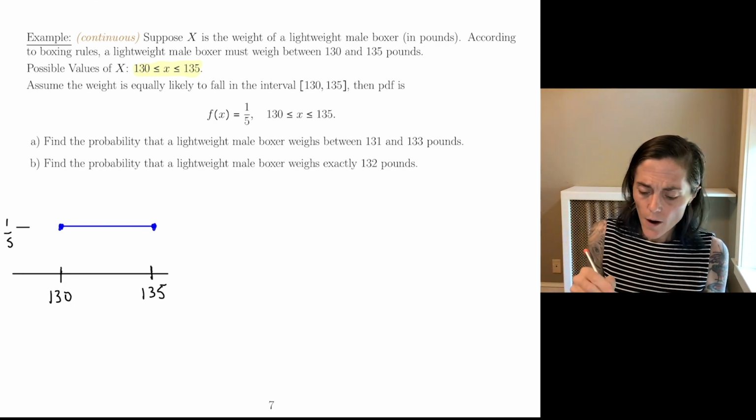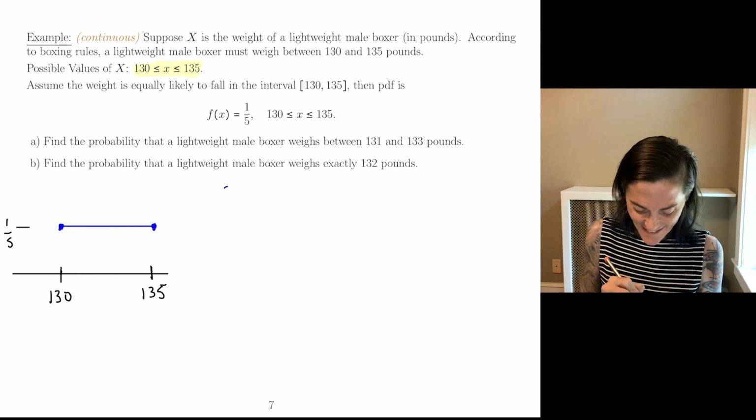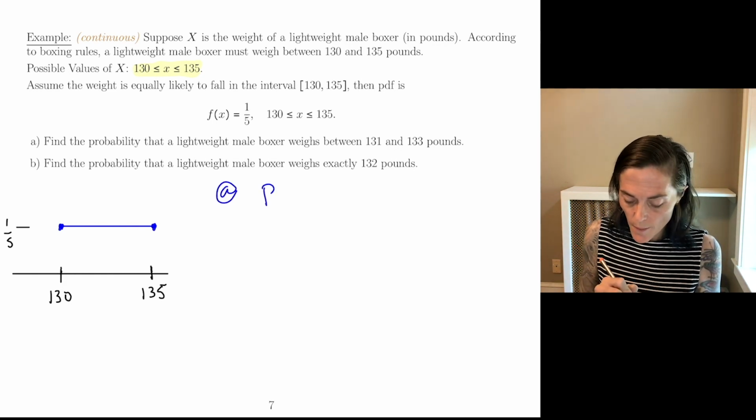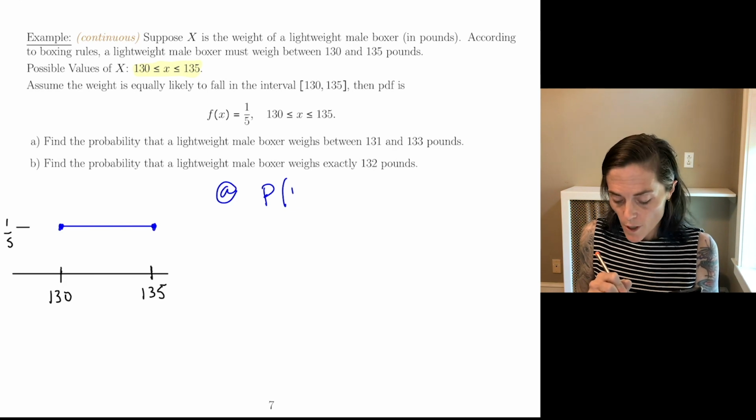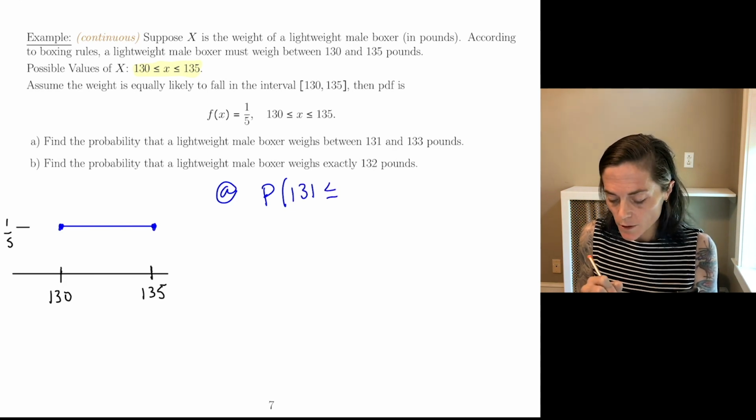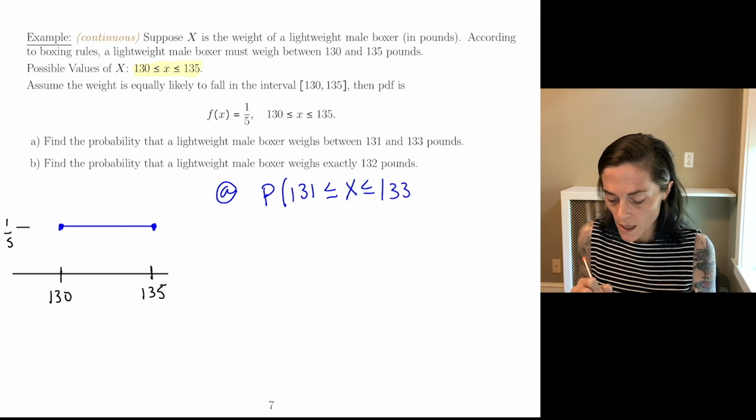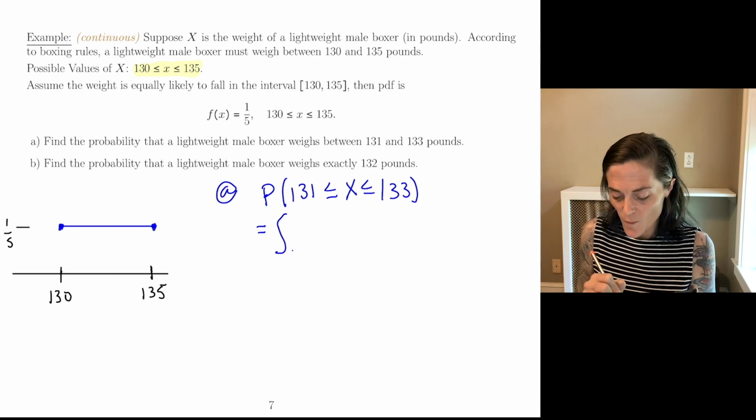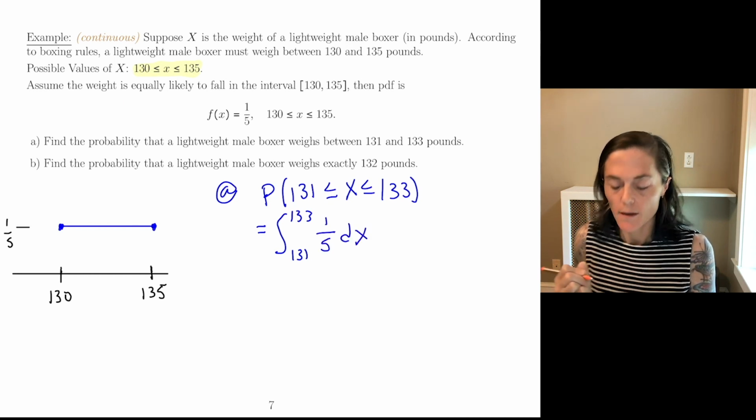So for part a, what we want is the probability that 131 is less than or equal to X is less than or equal to 133. And well, you could write this as an integral from 131 to 133 of 1 over 5 dx.